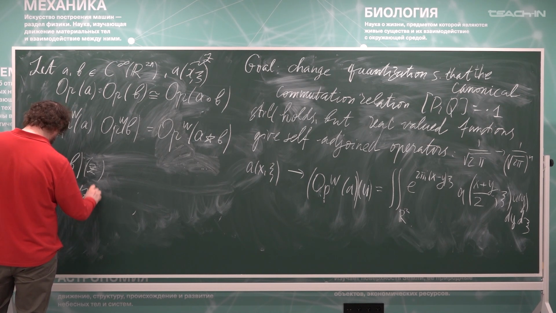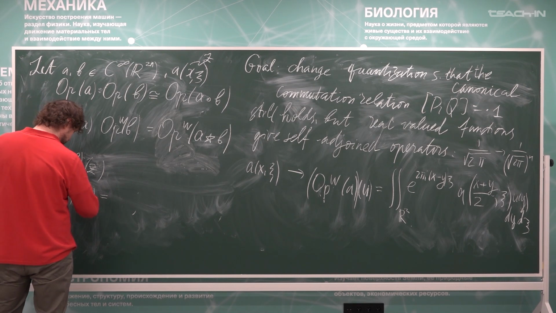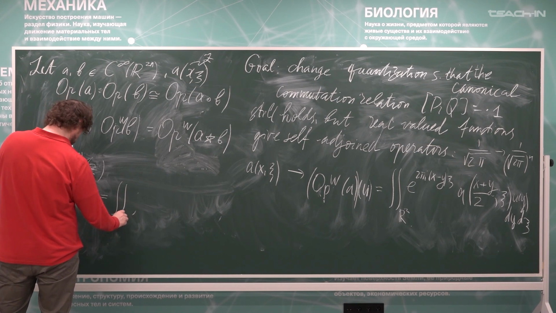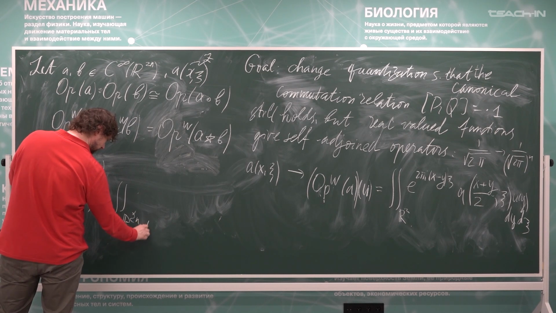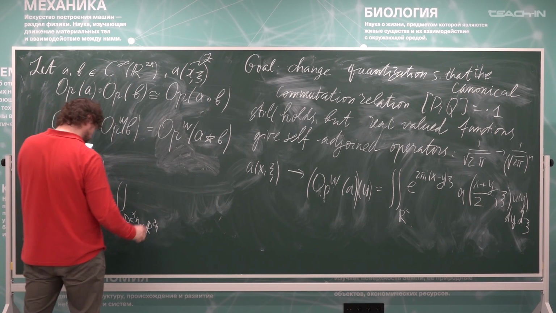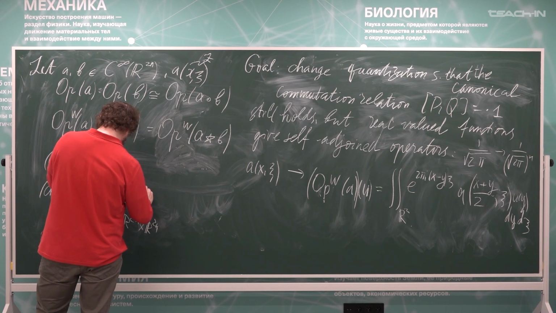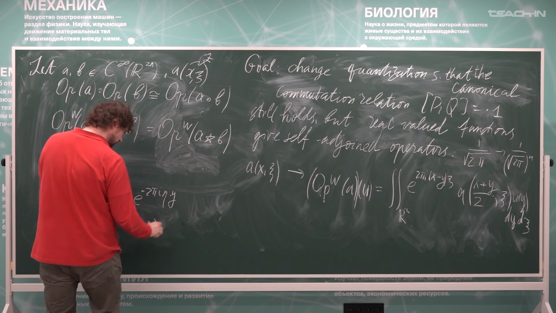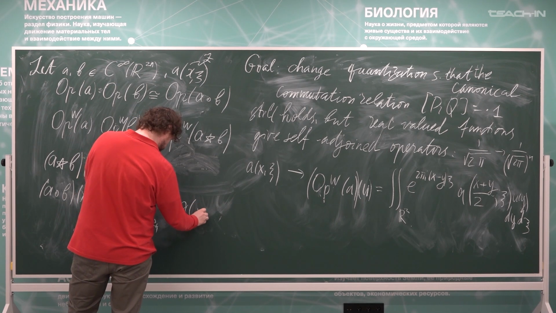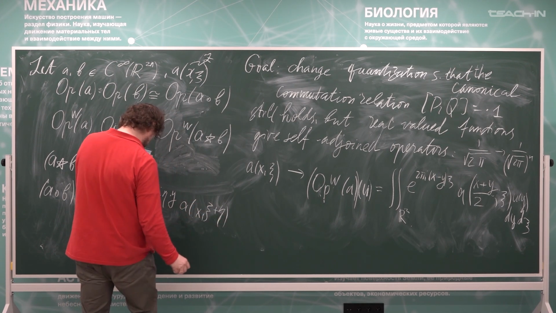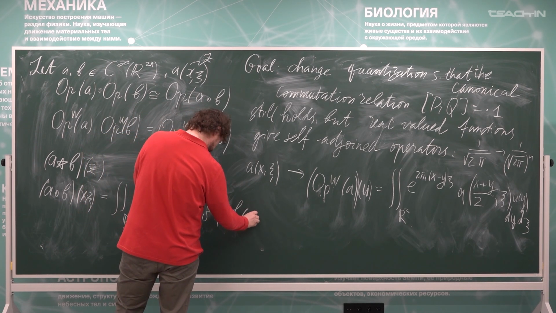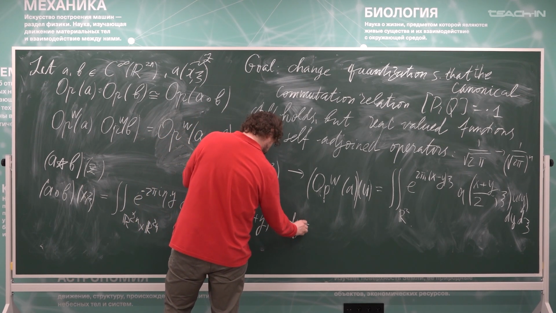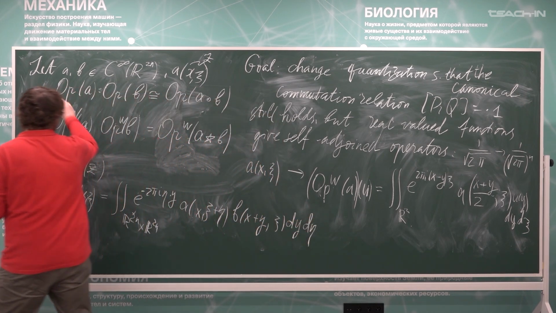A circle b of x and psi will be equal to the integral over R^n cross R^n of e to the power minus 2 pi i eta times y, a of x, psi plus eta, b of x plus y, psi, dy d eta. That's the formula for this.